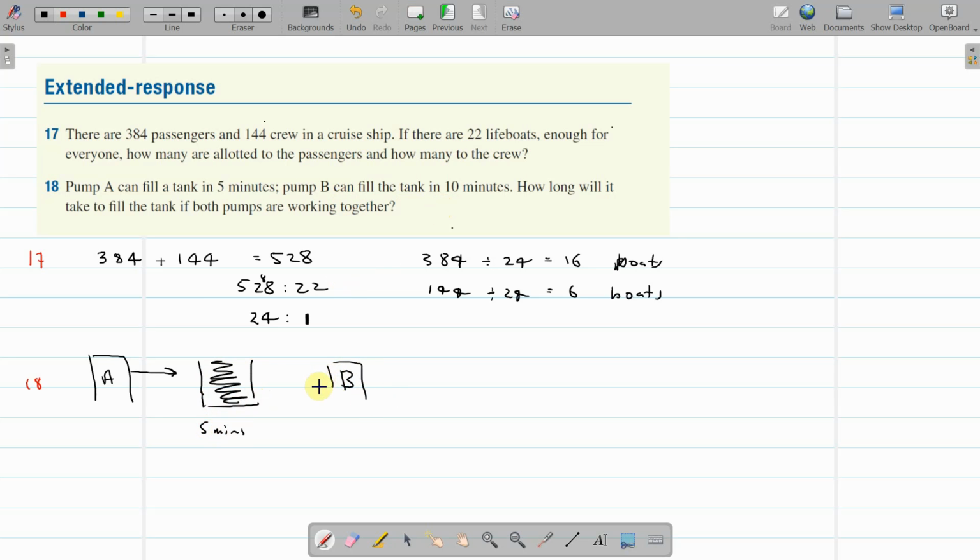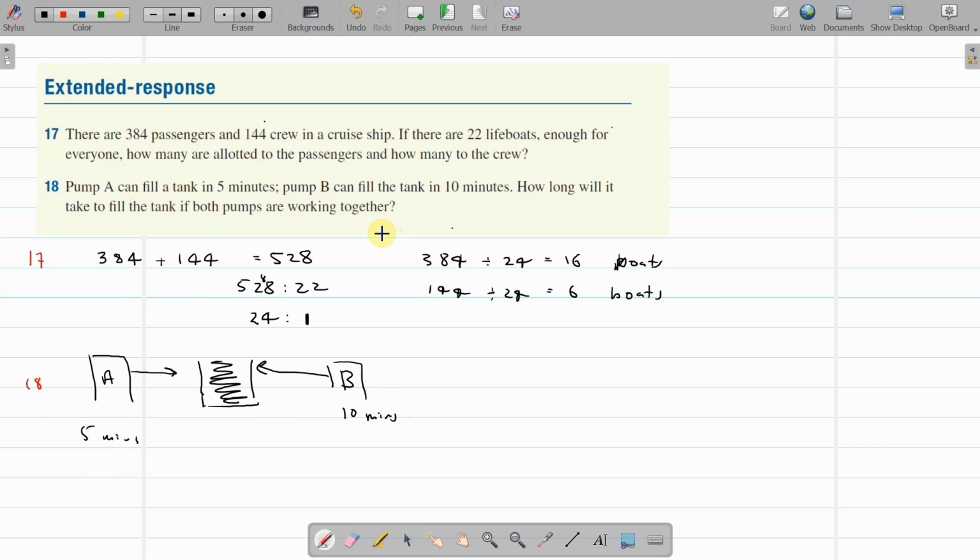It can fill the tank in, I'll put it over here, 10 minutes. So move that over. 5 minutes for A and 10 for B. How long will it take to fill the tank if both pumps are working together?